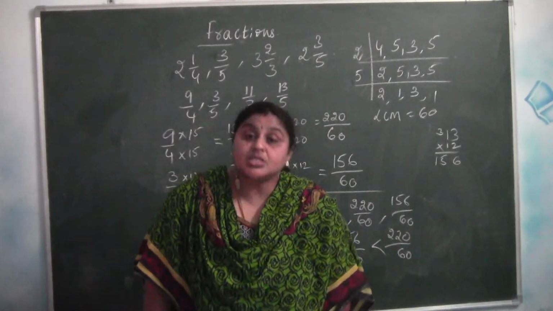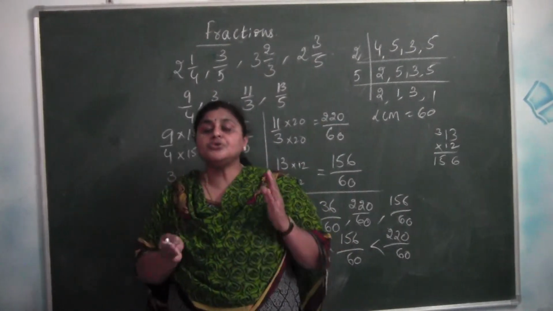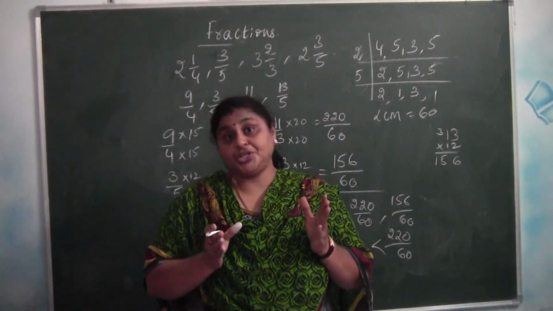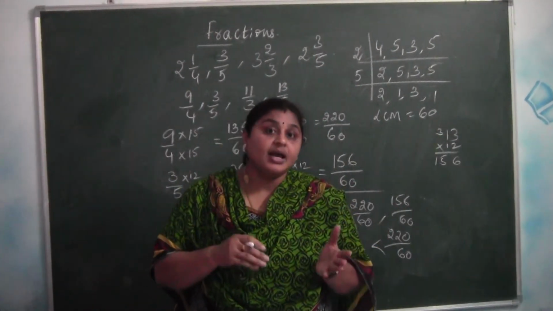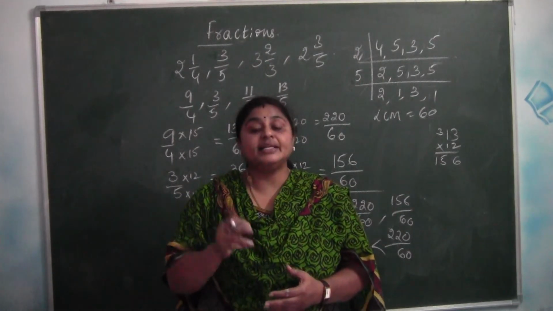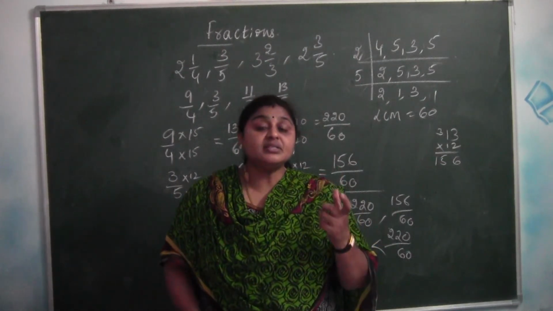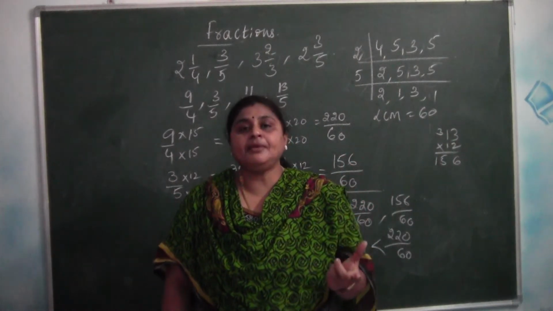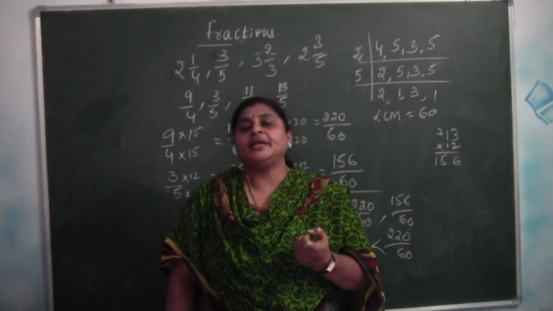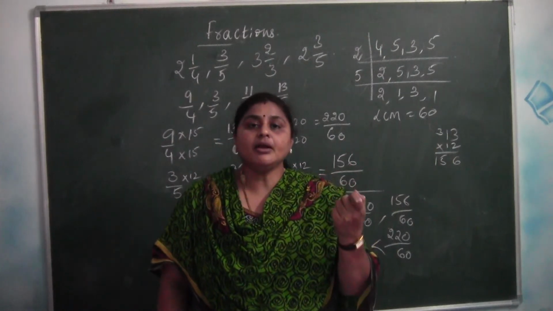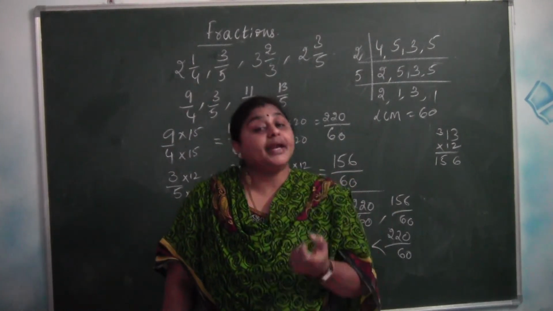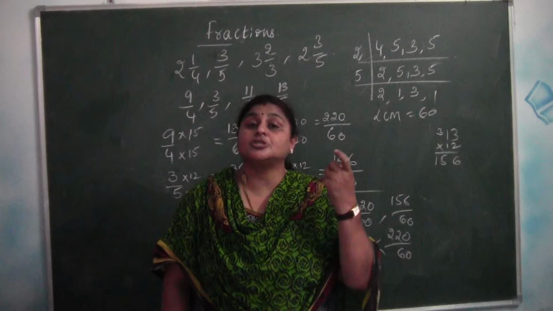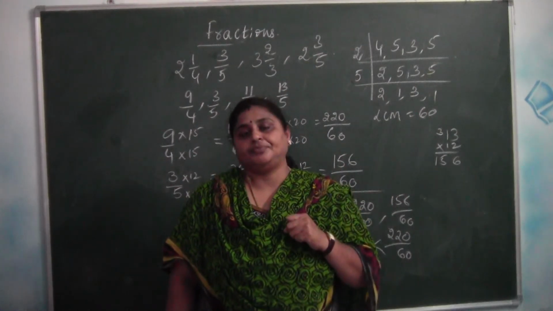Hope you understood this concept, children: how to compare like fractions, how to compare unlike fractions. Again, in the fractions, when numerators are same, the smaller the denominator, the greater the fraction. The greater the denominator, the smaller the fraction.